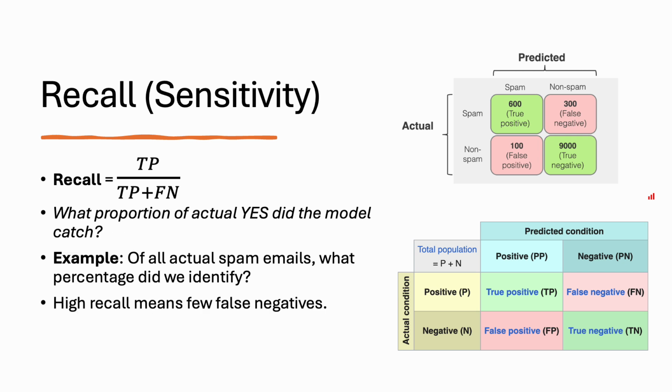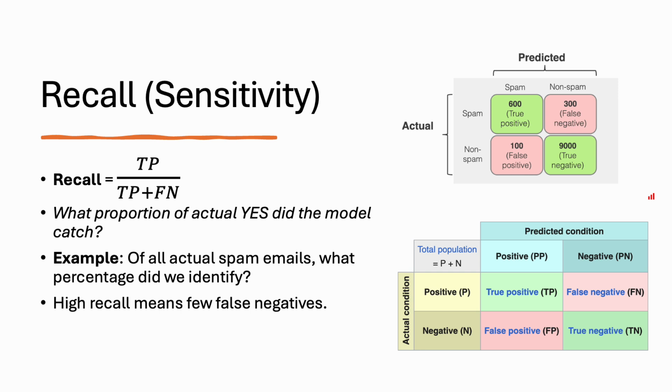Then we have one more metric which is called sensitivity. It is also called the recall value, which is the true positives divided by true positives plus false negatives. So here 600 is the value of true positives, so 600 divided by 600 plus 300, which is the false negatives.